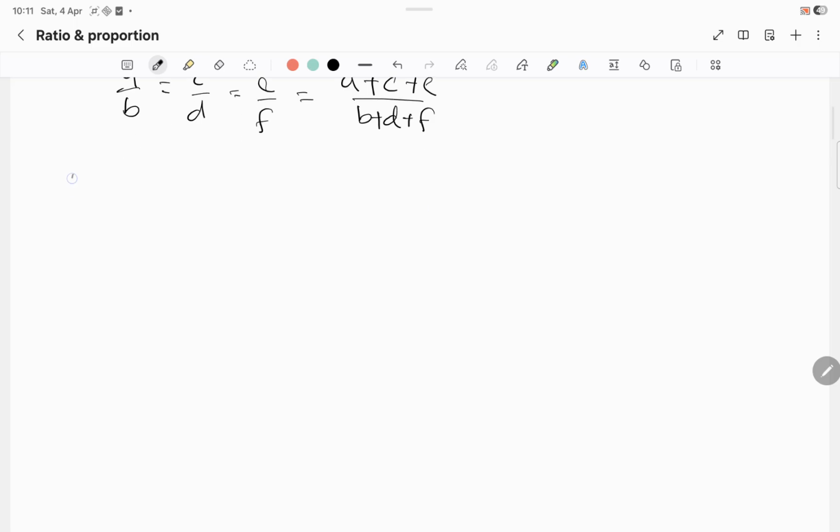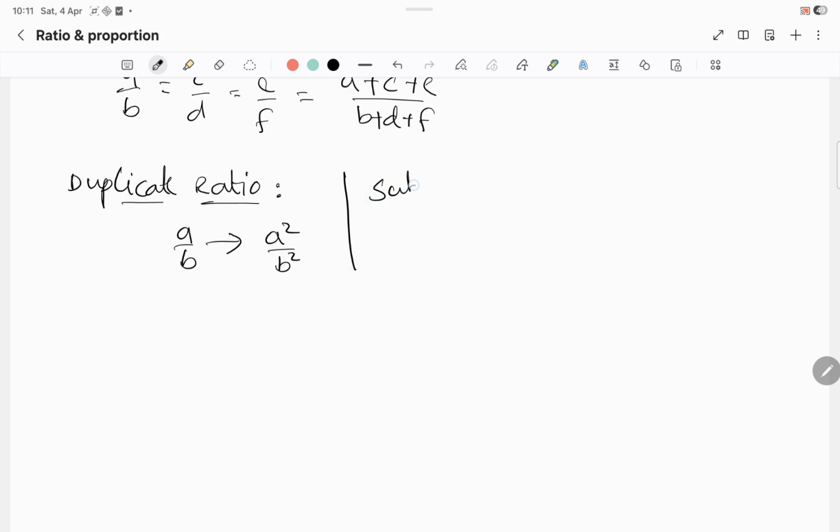Then duplicate ratio. What is duplicate ratio? Suppose A by B is a ratio, the duplicate ratio will be A square by B square.